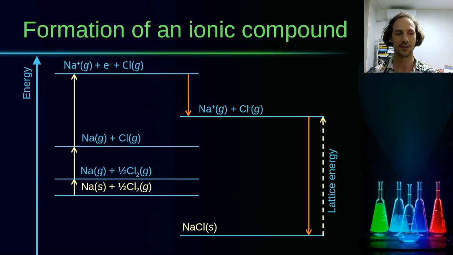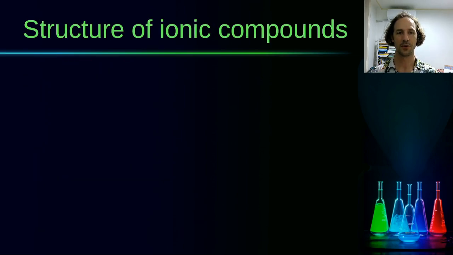Because this lattice energy is so huge for the sodium chloride, you can see that the sodium chloride is at a lower energy state than the elemental sodium and elemental chlorine gas together, which makes it an energetically preferred state of matter. So this is why you can find a lot of sodium chloride in nature, but not really chlorine gas and sodium metal. So how does this sodium chloride compound look on the atomic scale?